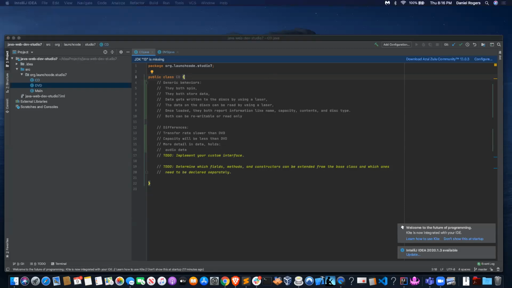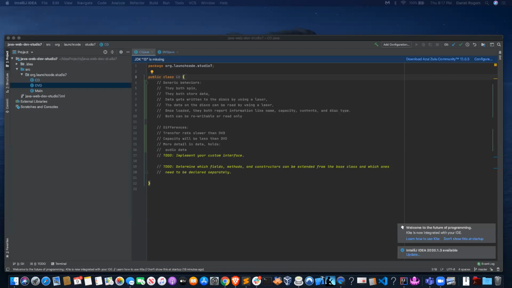Okay, so know that information like storage capacity does not belong on this list since it describes a property field rather than a behavior method. So that's for generic behavior.